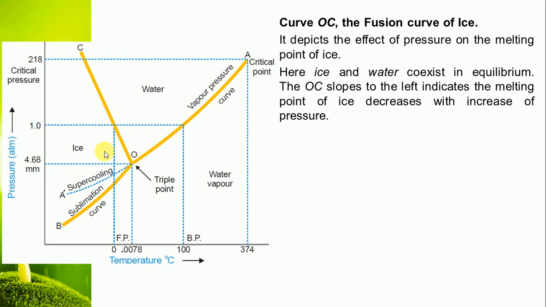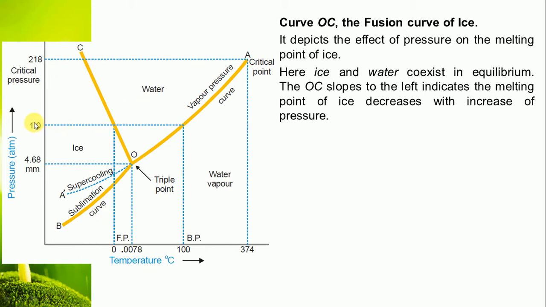At this point the pressure is 1 atmosphere. At this point the pressure will be greater than 1 atmosphere, and at this point the pressure is 218 atmosphere. So the pressure gradually increases, but you can see that if we draw a line from this point to the x-axis, you will get a value of temperature.